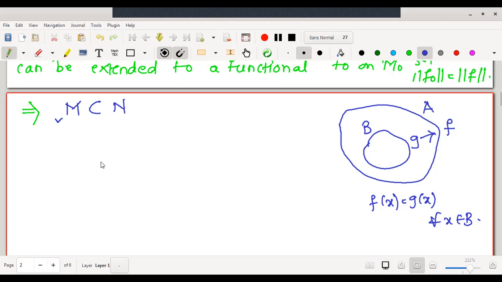Now, for this subset M of N, it is given that there exists one element which is not in M. Therefore, let us draw a sketch here.